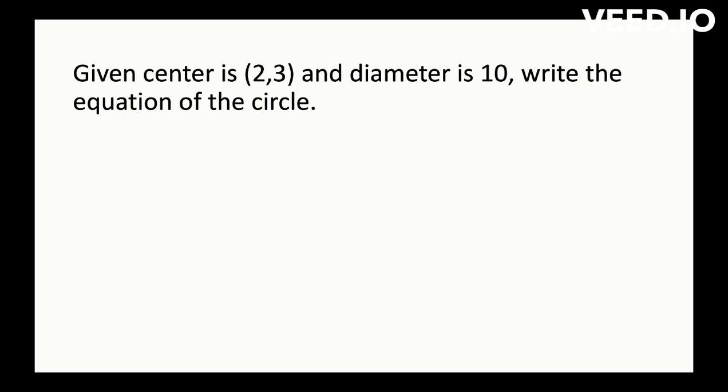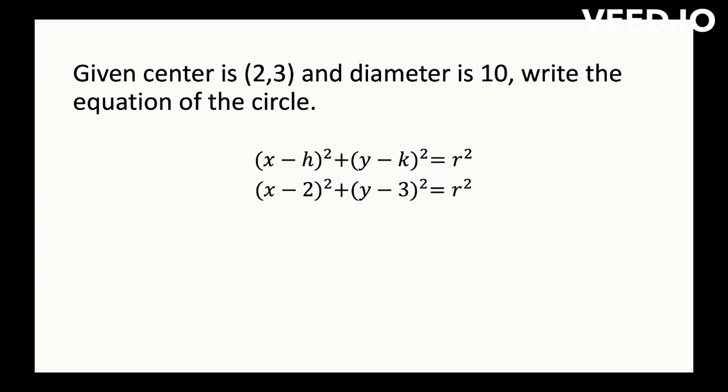Given the center is at (2, 3) and the diameter is 10, write the equation of the circle. Same process. Here's our standard form, and then we plug in the coordinates of the center, which gives the left side of the equation as (x - 2)^2 + (y - 3)^2. Then we have the diameter, not the radius, but we know that the diameter is equal to 2r, two times the radius.